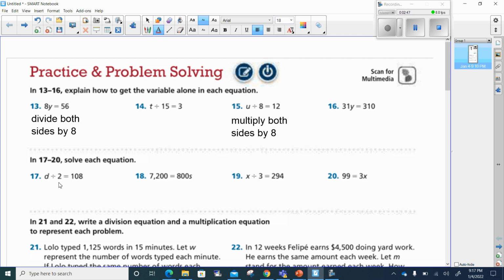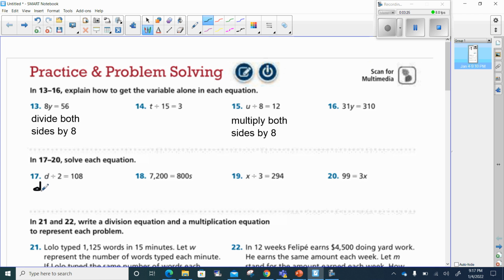Number 17 is the next one. It says solve it. Now we're going to put this into action. We see that we're dividing by 2 just like we did over here, which means we're going to multiply by 2. I don't want to write this incorrectly.